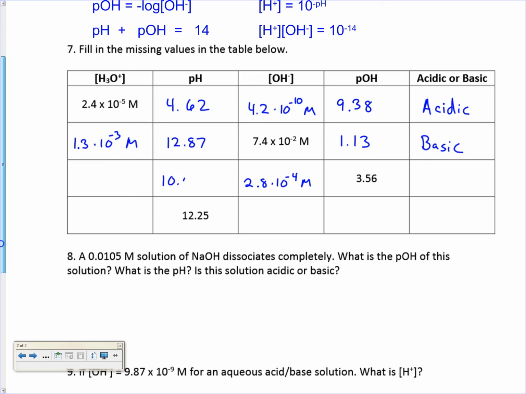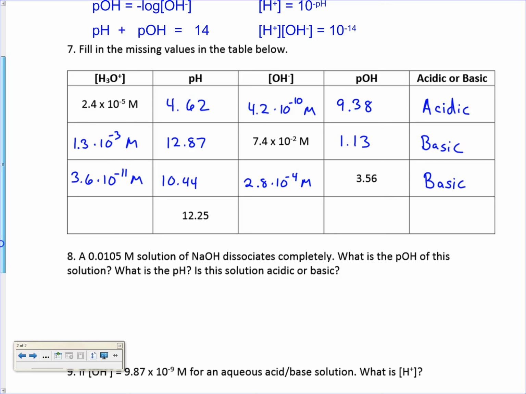All right, and then 10 to the negative 10.44 to get H3O plus gives you 3.6 times 10 to the negative 11th molar. Last column here, pH is 10.44, that's more than 7, so this one is basic.